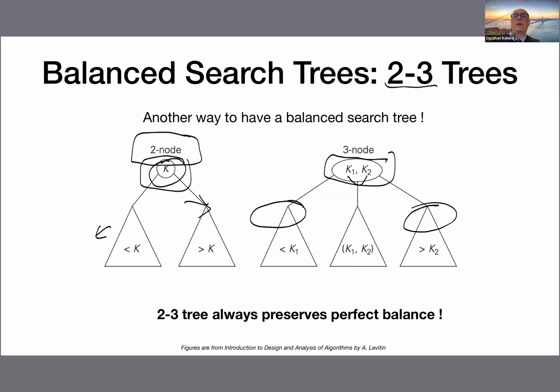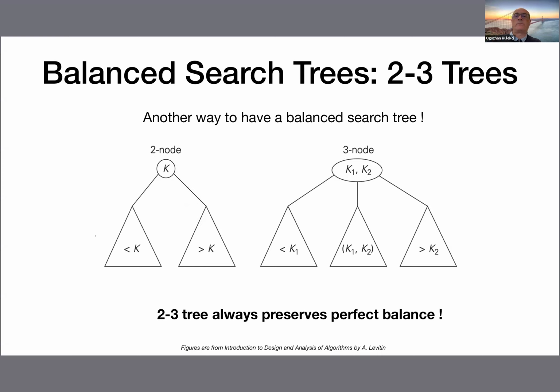So if you have a node with two keys, then this node will have three children. If you have a normal two node, this one will have only two children. The good thing with the 2-3 trees is that they always preserve perfect balance. And we will see how.